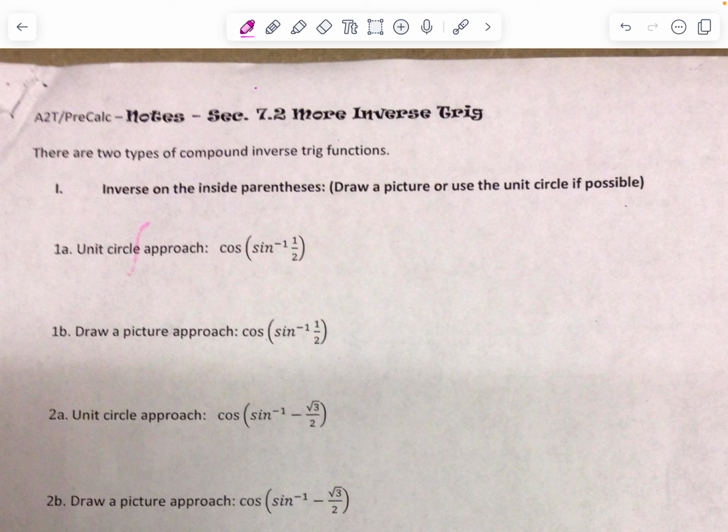We're going to look at the unit circle approach first. This method works really well if you're an expert on your unit circle. So just like anything else in math, we do the inner parentheses first. So first question is, what is the sine inverse of 1/2?